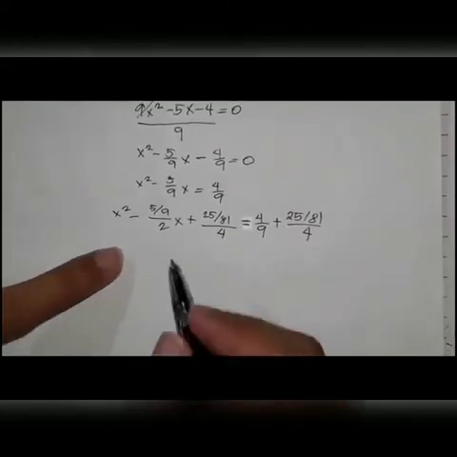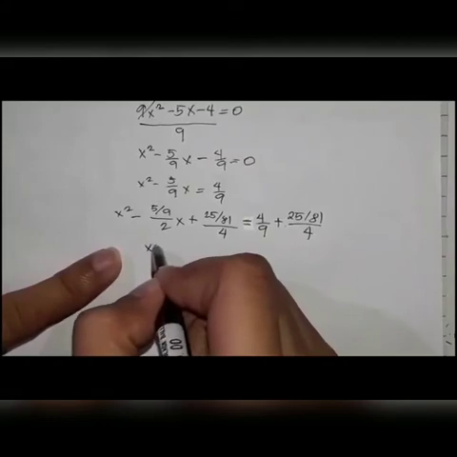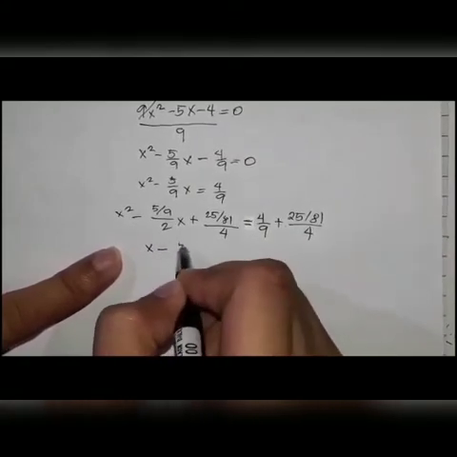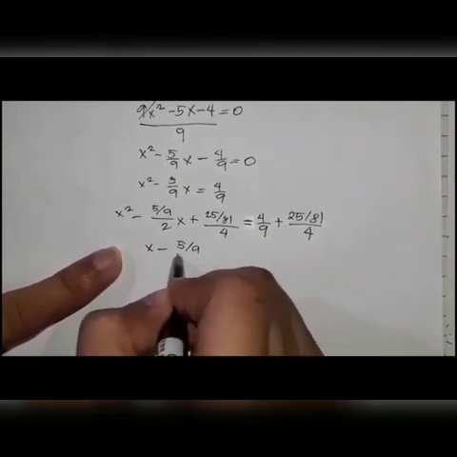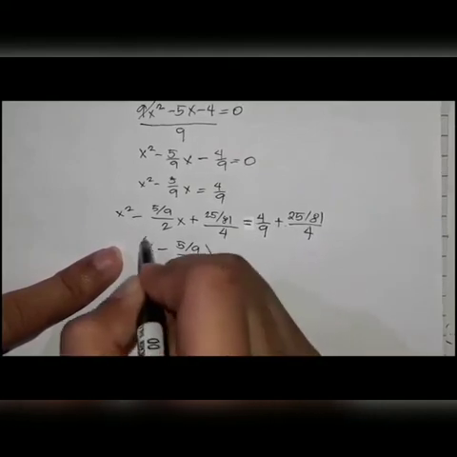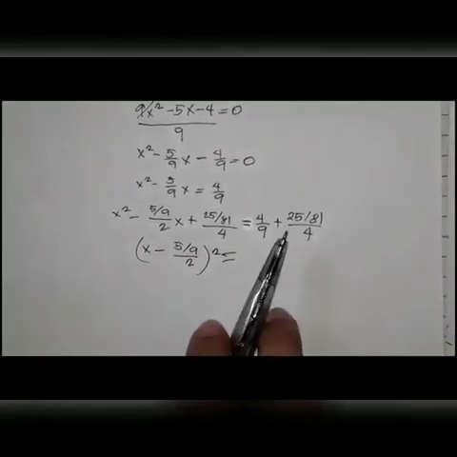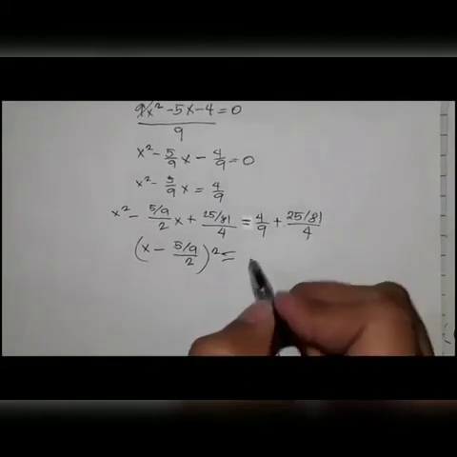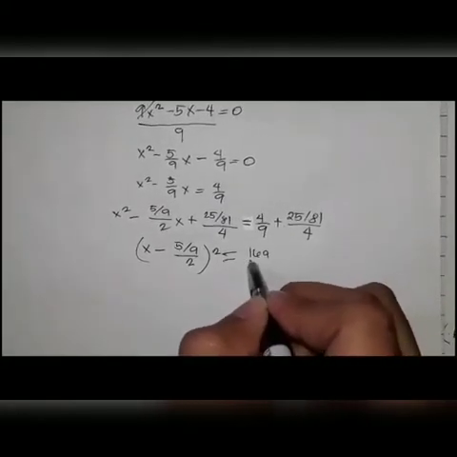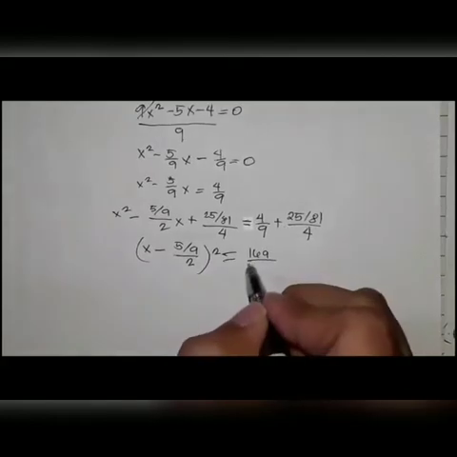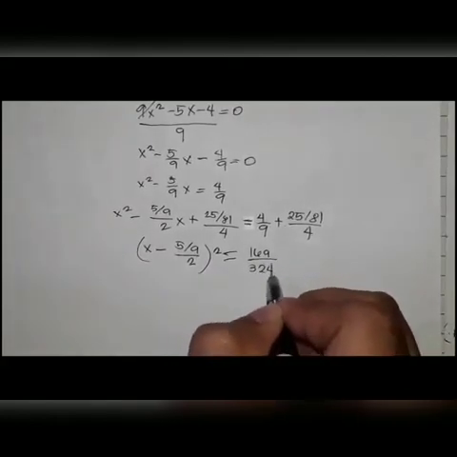Next part is to factor this. x minus 5 over 9 over 2 squared is equal to, if you input this on your calculator, you should have 169 over 324.